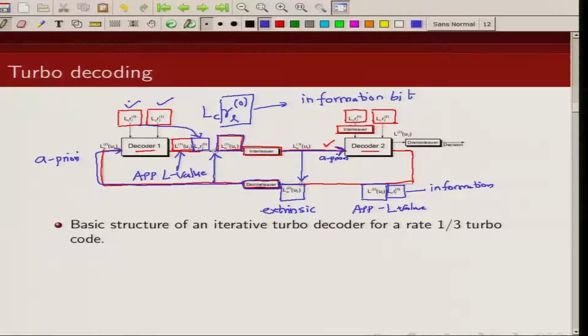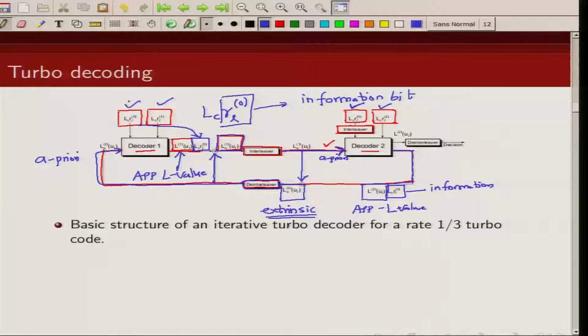This extrinsic information is passed as a priori information to decoder 2. In addition, decoder 2 has the received parity bit and an interleaved version of the information sequence as input. It will again compute the APP L value, subtract the contribution of the information bit and the a priori value, and we get back extrinsic information.